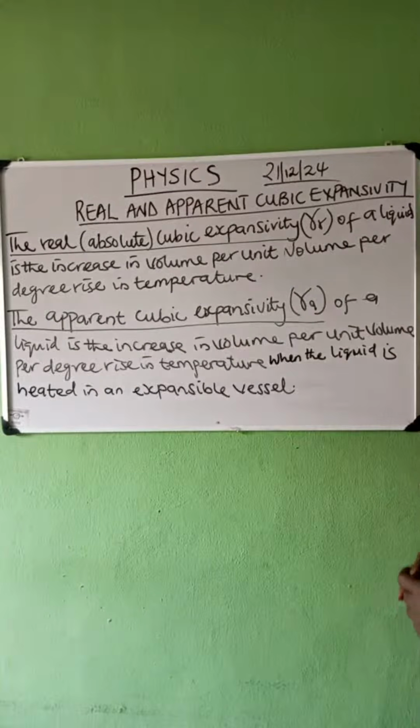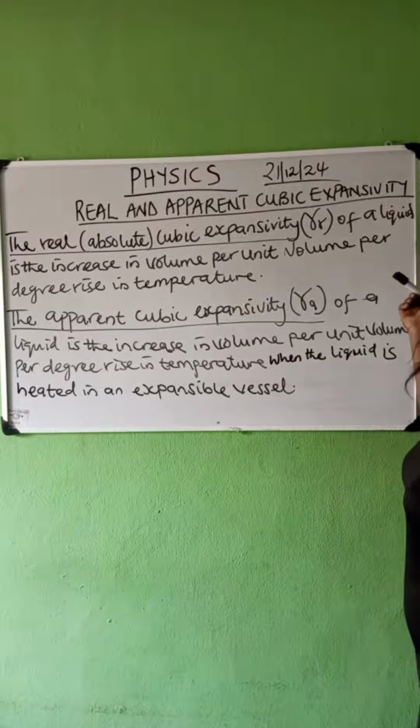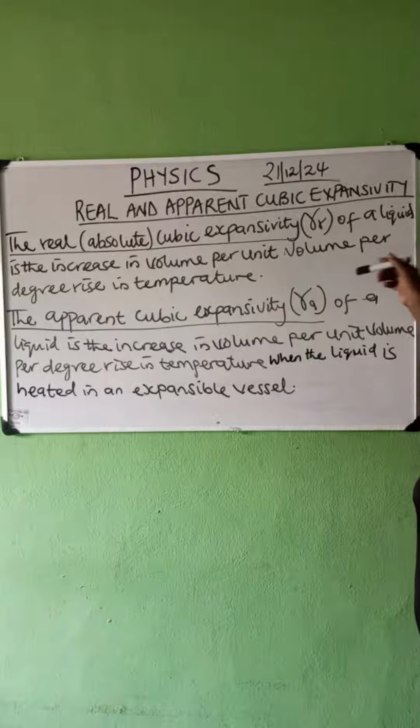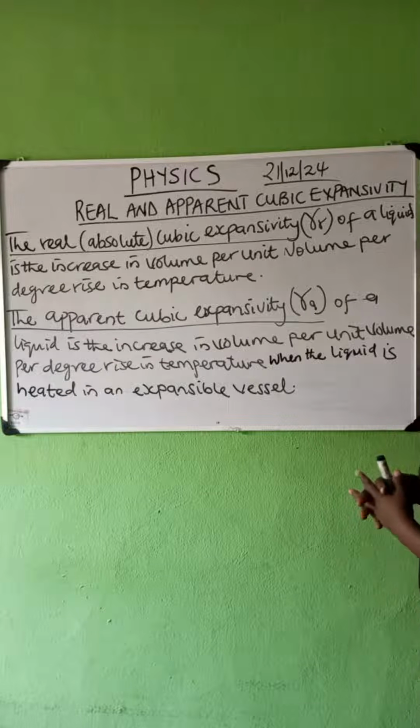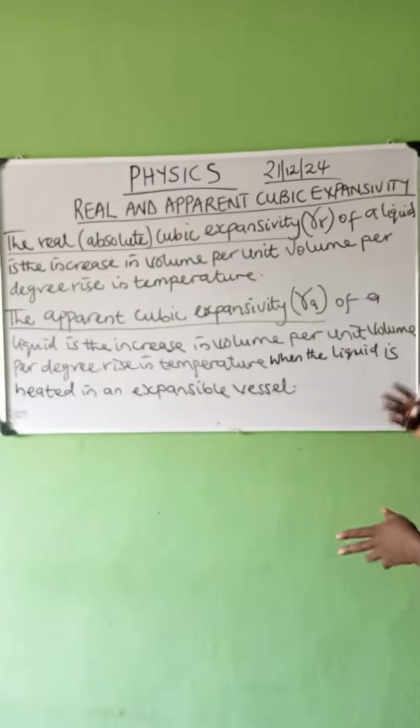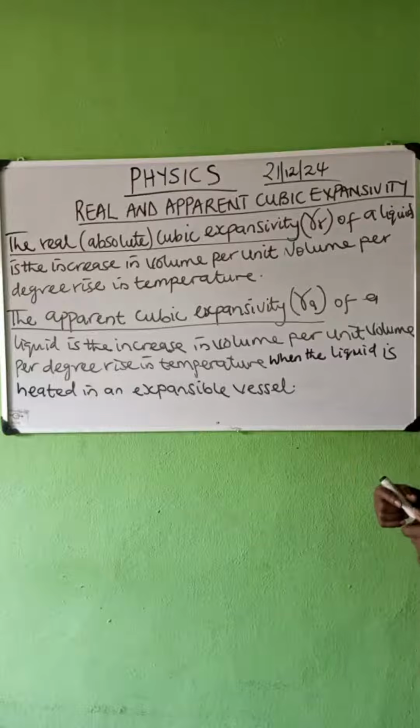All right, so this is the correct definition. The apparent cubic expansivity gamma A of a liquid is the increase in volume per unit volume per degree rise in temperature when the liquid is heated in an expansible vessel.